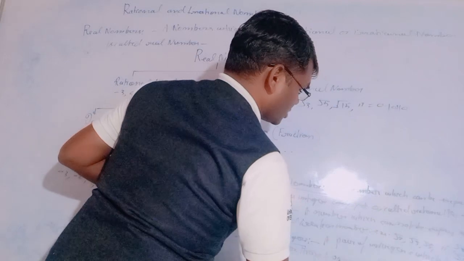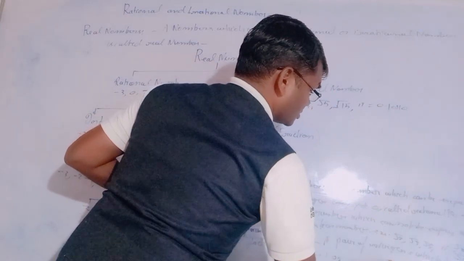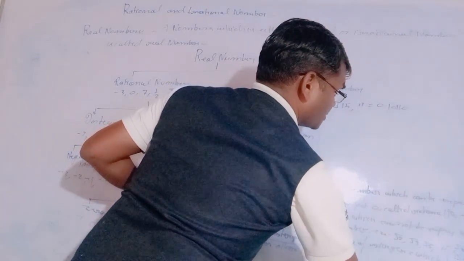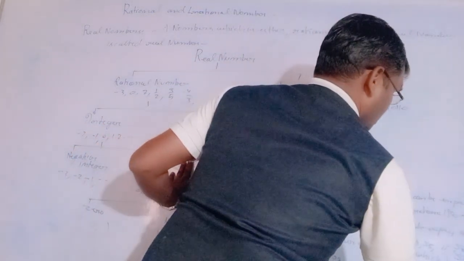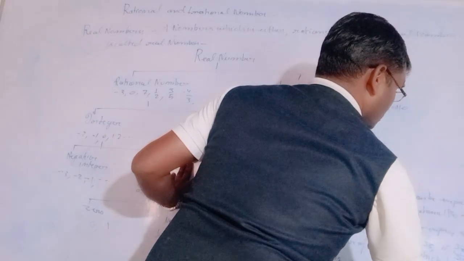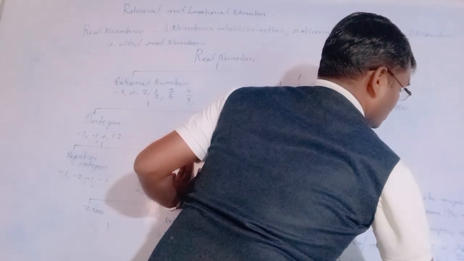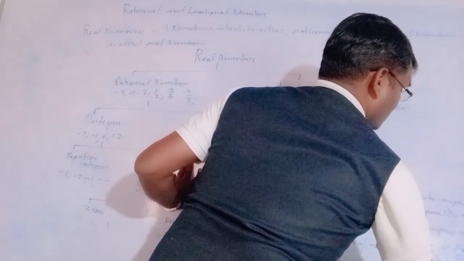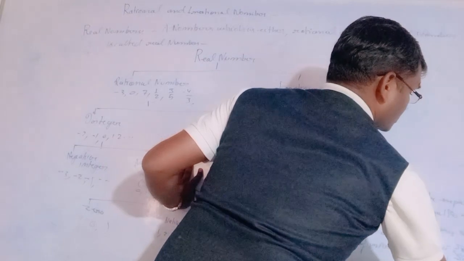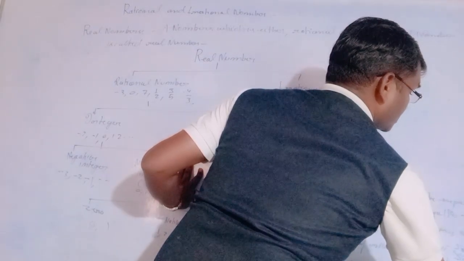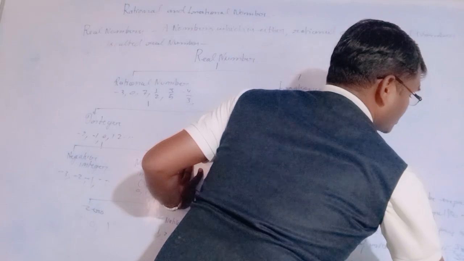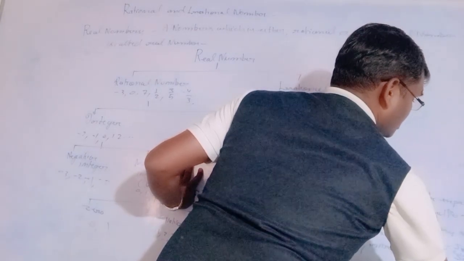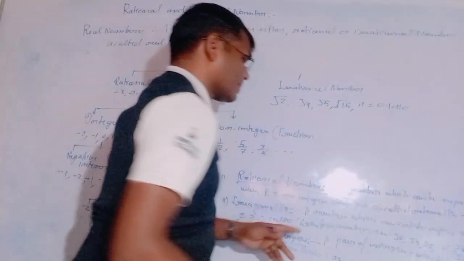These are called co-primes. Examples: 1 and 3, 7 and 5, 7 and 3.